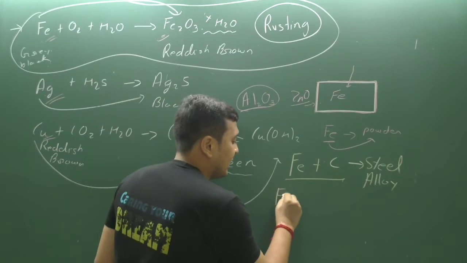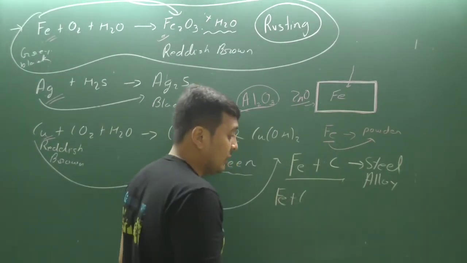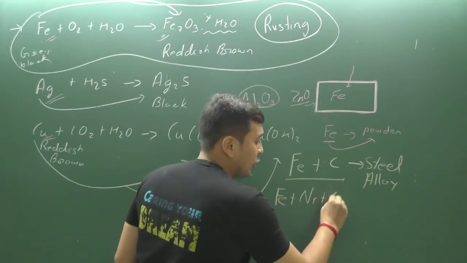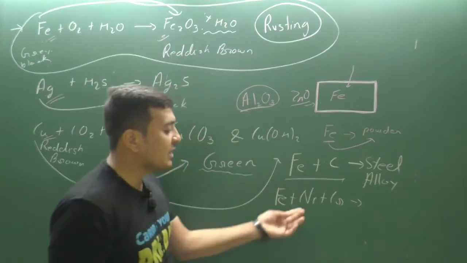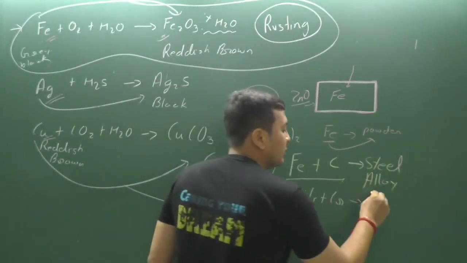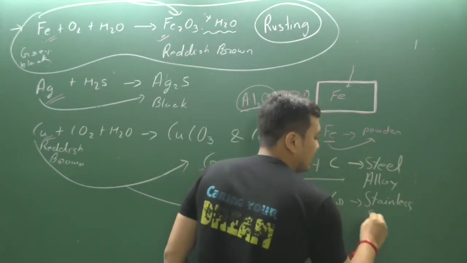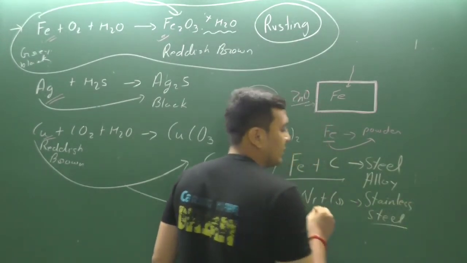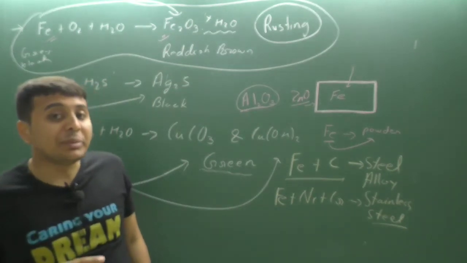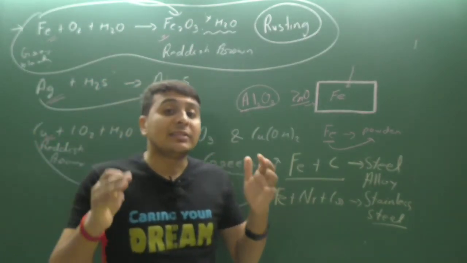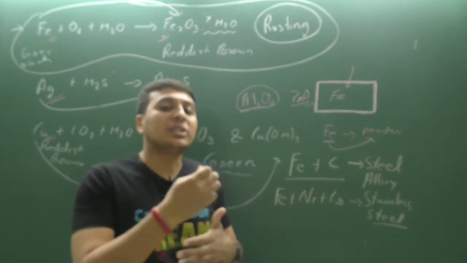When iron is mixed with nickel and chromium, then it forms stainless steel. Clear? What do you mean by stainless steel? Stainless steel means in which the rusting is not possible.